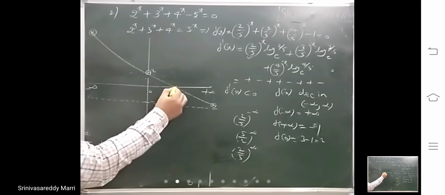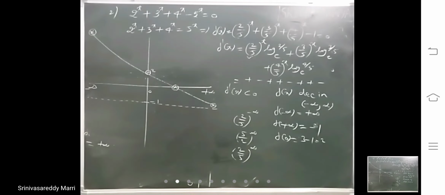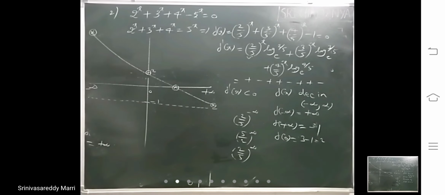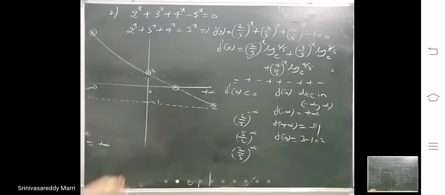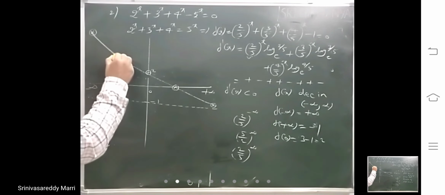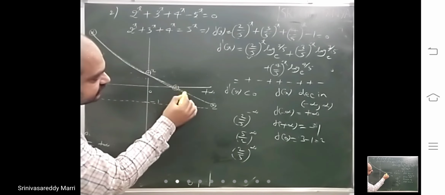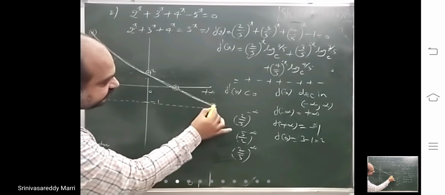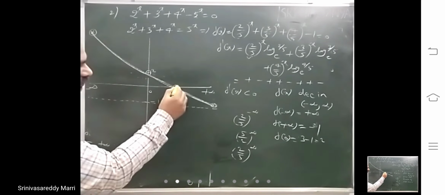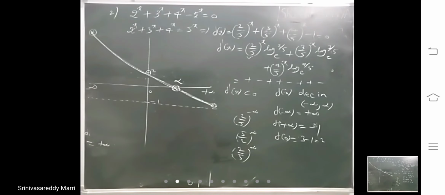Only one root, and that is a positive root. If he asks about the root, it is the positive root, because f of 0 is positive. That's why while joining the graph, I let it pass through that point also. The graph goes through these three points. So there is one root, this is alpha, and it is a positive root.